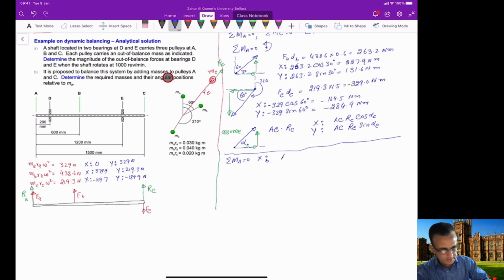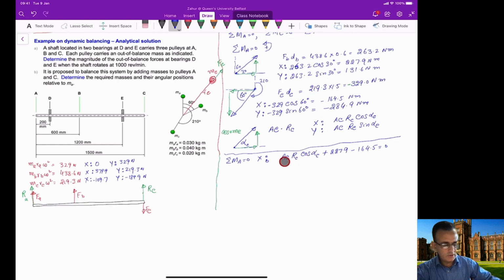So you can say AC RC cos alpha C, and then you have, so this is the X component of this final vector of the FC. And then you have this component here, which is 227.9, and which is positive 227.9. And then you have this X component which is negative, minus 164.5. So equal to 0 here.